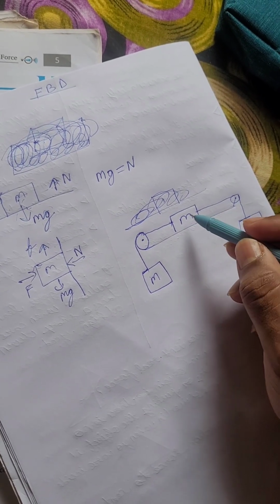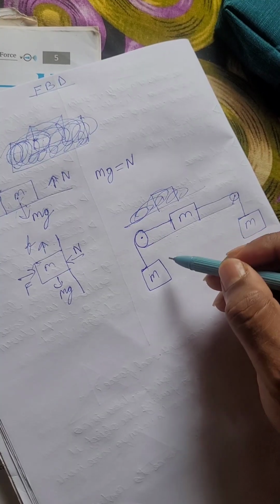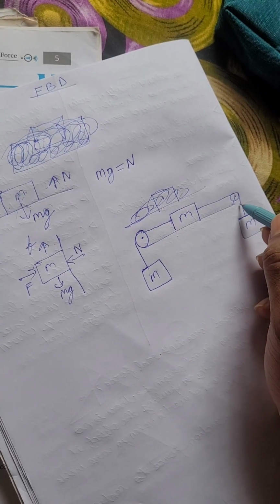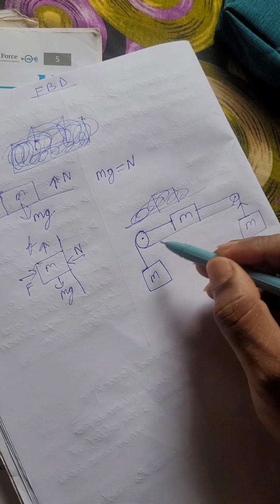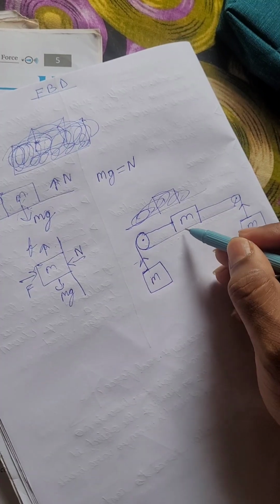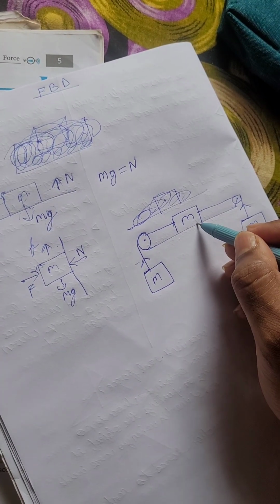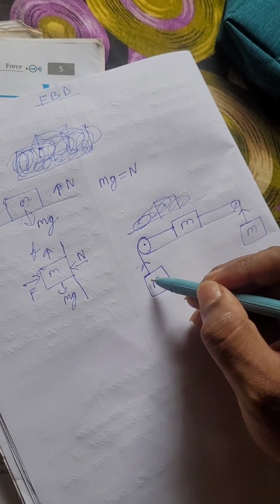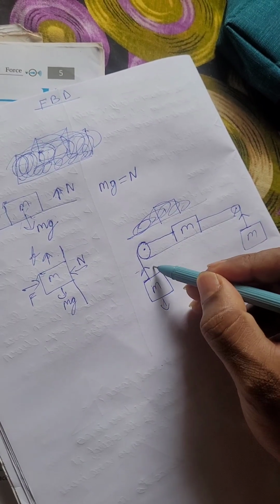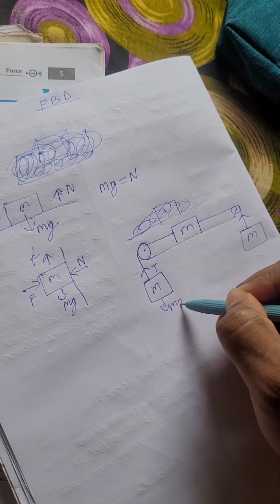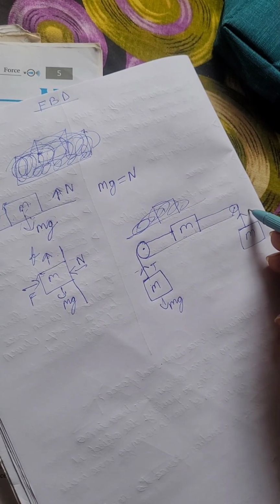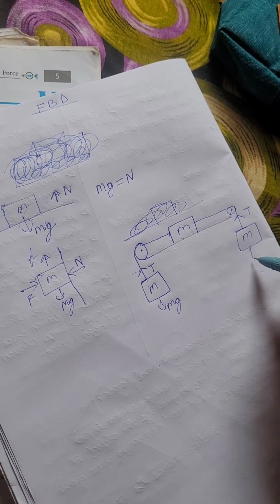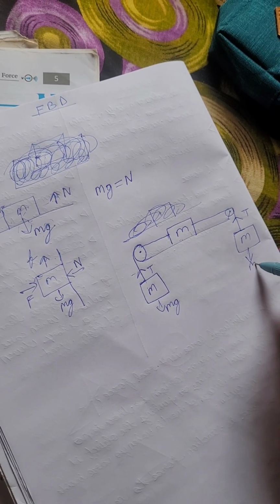So basically here, if you see, both forces are cancelling out each other. The friction is not required here, because here both are mg, there is no acceleration, so there will be no sliding of either weights.